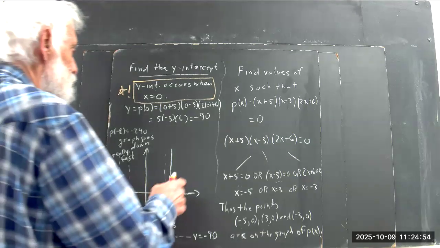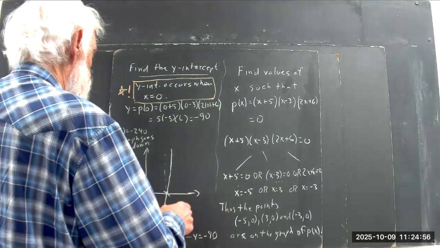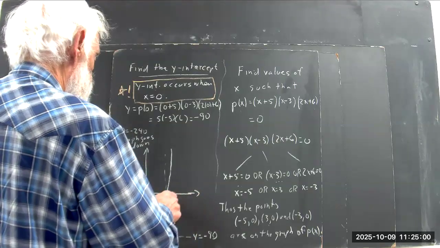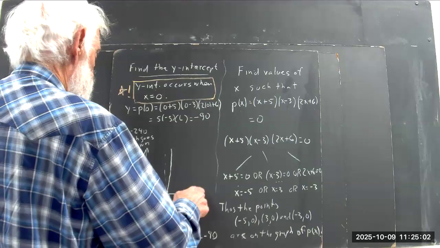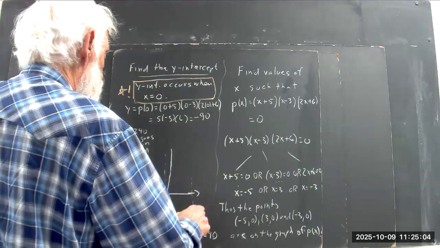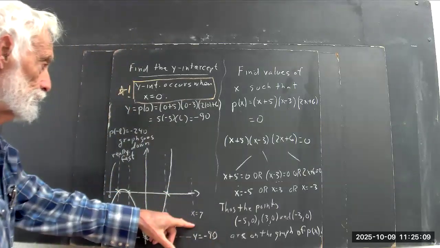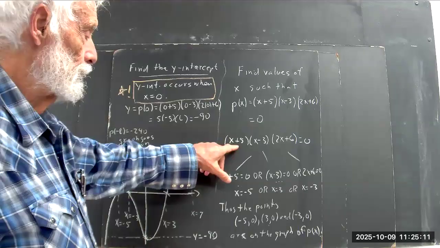Well, let's just say here's -3. Let's say we want to let x equal 7. X equals 7, you could put the numbers in yourself.